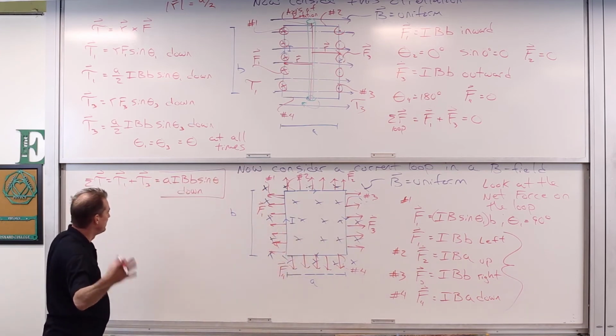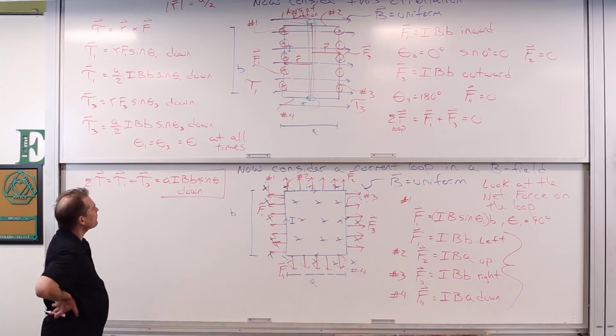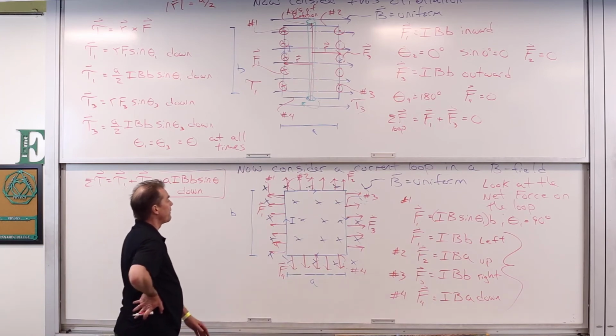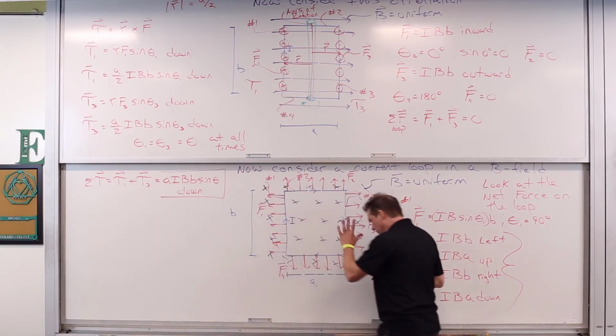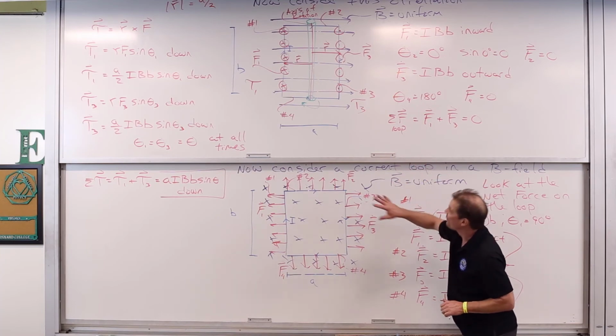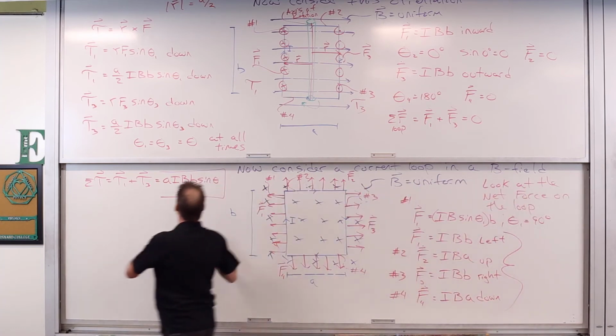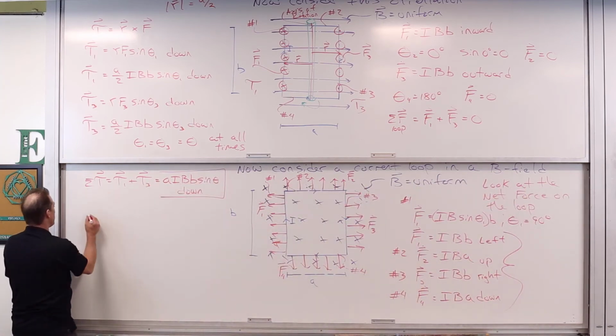No more torque. So what is typically done here is we call this theta the angle between the normal of the plane of the loop itself and the direction of the magnetic field. It's a little bit easier to discuss.